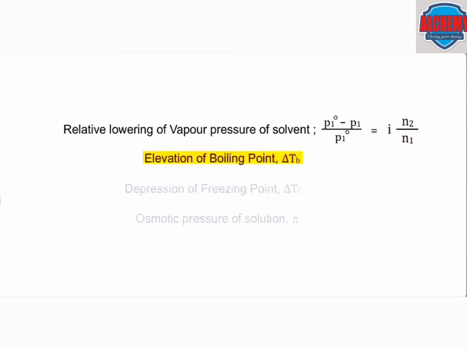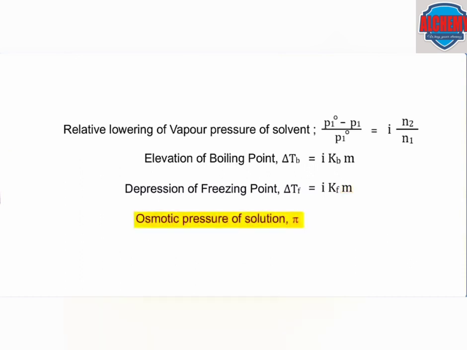The elevation in boiling point delta Tb is equal to i into Kb into m. The depression of freezing point delta Tf is equal to i into Kf into m. The osmotic pressure of the solution pi is equal to i into n2 into R into T, the whole divided by V.